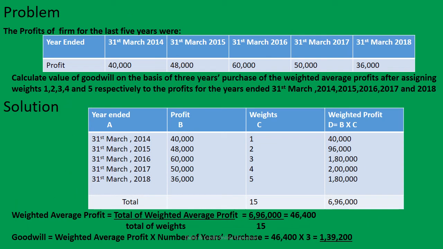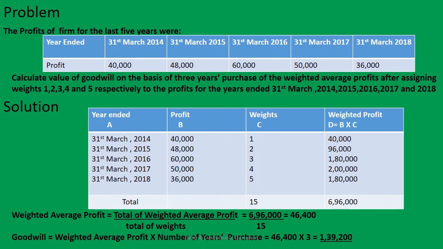Now let us do one more problem on this weighted average method. The profit of the firm for the last 5 years were: 2014, 40,000; 2015, 48,000; 2016, 60,000; 2017, 50,000; and 2018, 36,000.